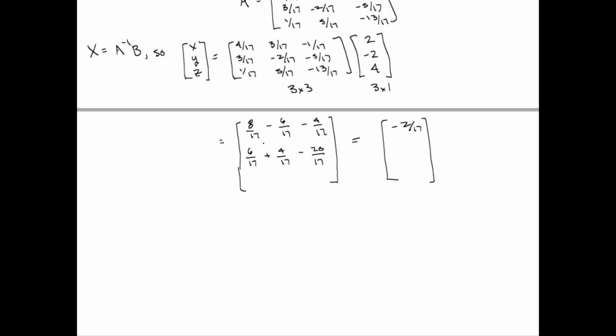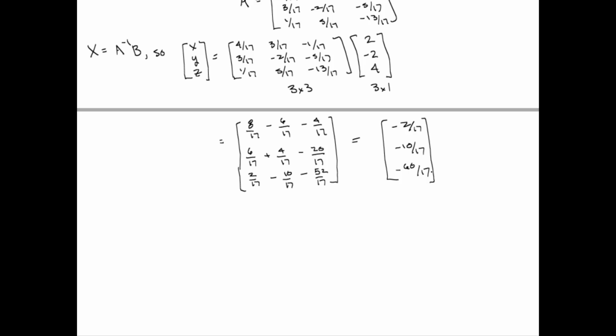So 10 minus 20 gives me -10/17. Now we do the third row times the column. 2/17 minus 10/17 minus 52/17.